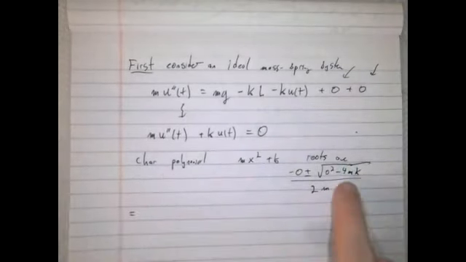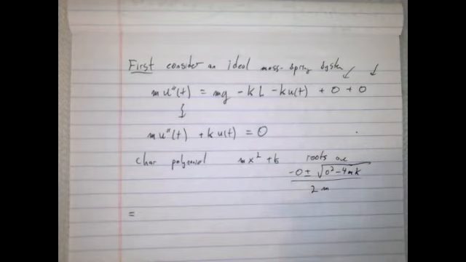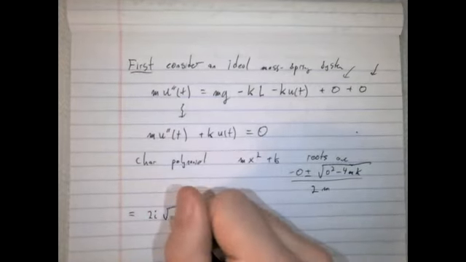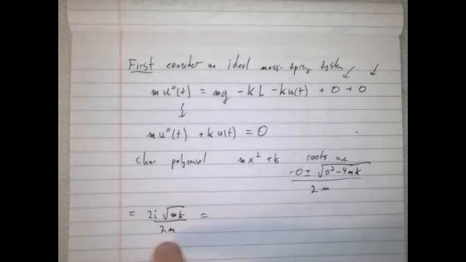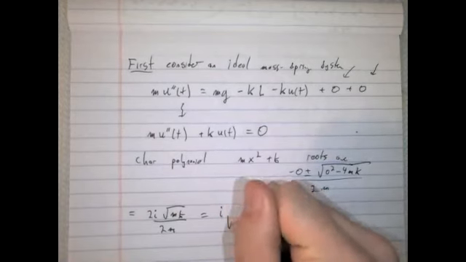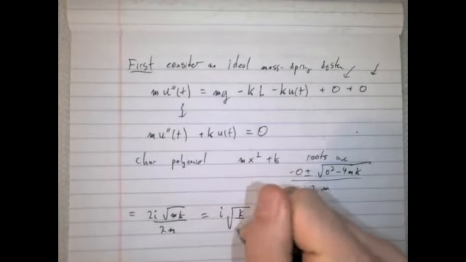And I can simplify this. What happens if I pull the -4 out of the square root? You get 2i. Yep. 2i root mk over 2m. The 2's will cancel, and square root of m over k is going to be the same thing as i root k over m.